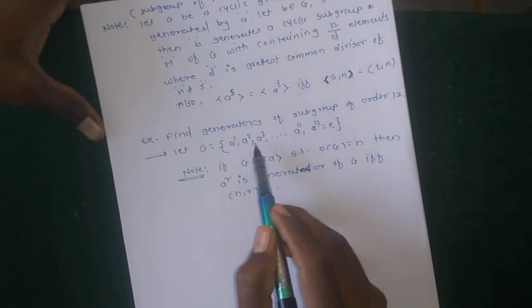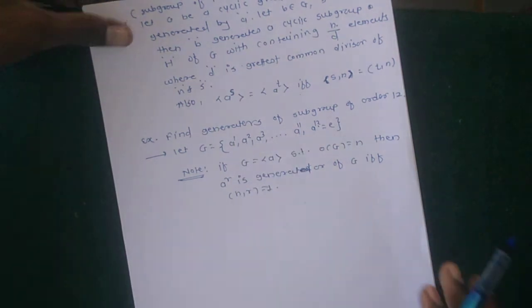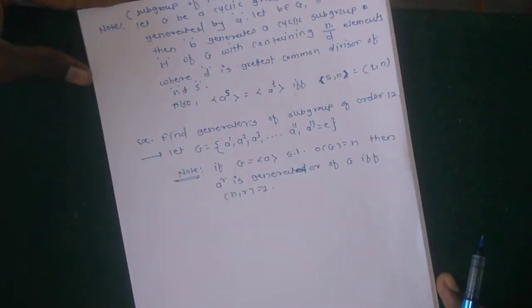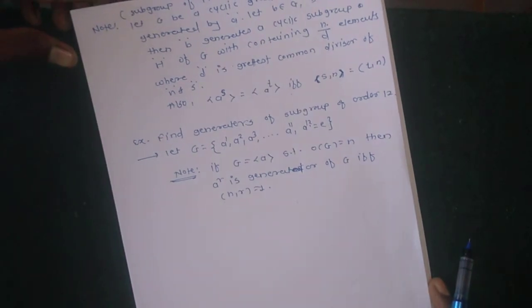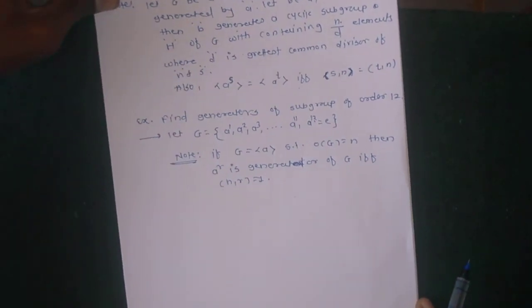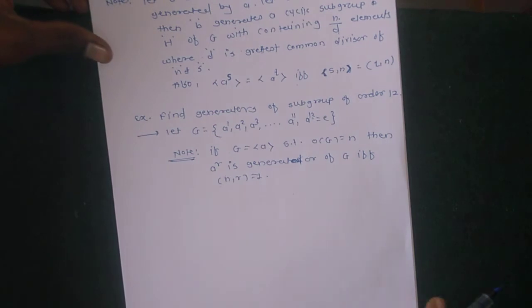The numbers with GCD 1 are the numbers relatively prime to 12, and those powers are the generators of G.